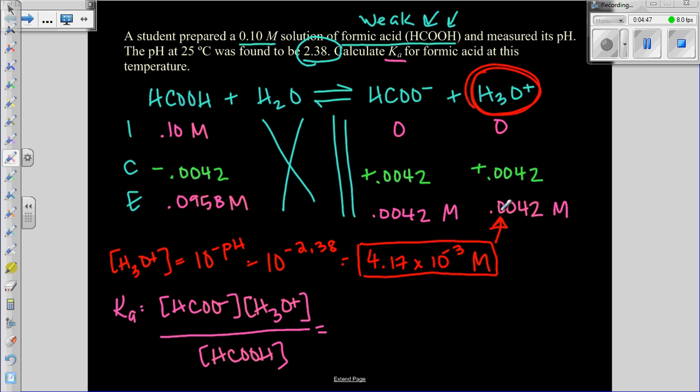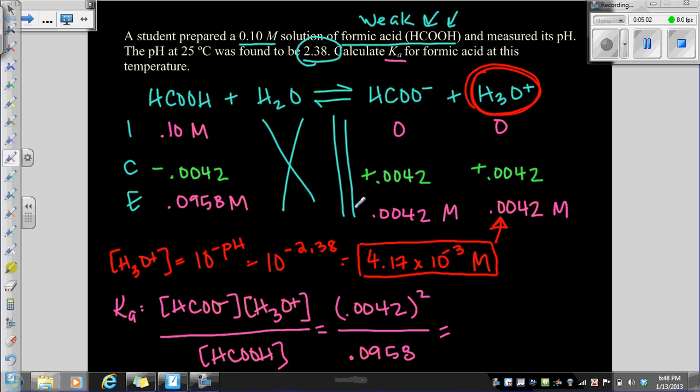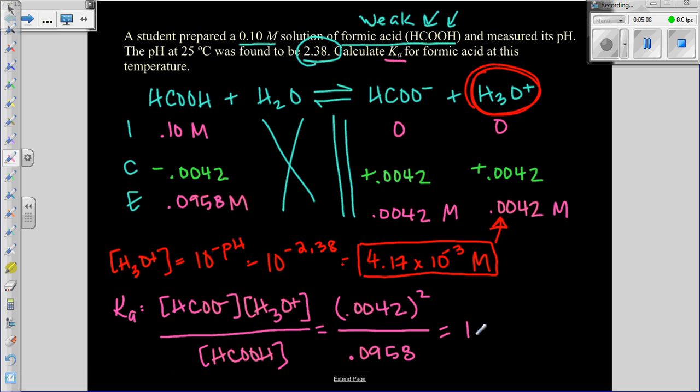So because formate and hydronium are the same, it's going to be 0.0042 squared divided by 0.0958 and we get, let's check out sig figs. We're going to do 2, so 1.8 times 10 to the negative fourth is our Ka.